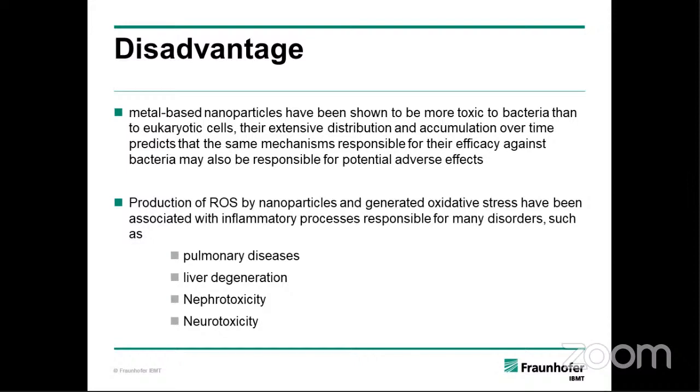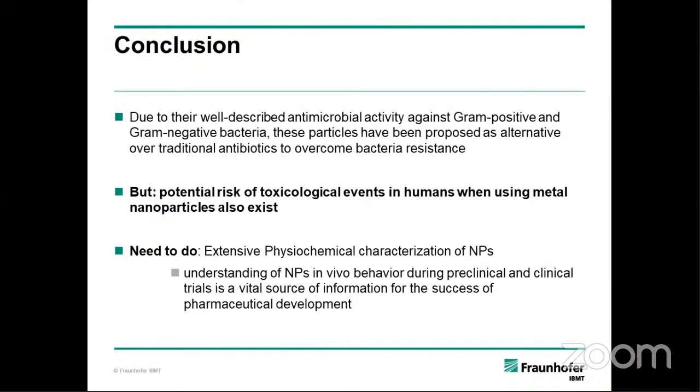So, with the passage of time, if these metal-based nanoparticles are inside the body, our body is going to react. So we have to find or optimize the ways in which we are going to use these nanoparticles. What should be the concentration of the nanoparticles?